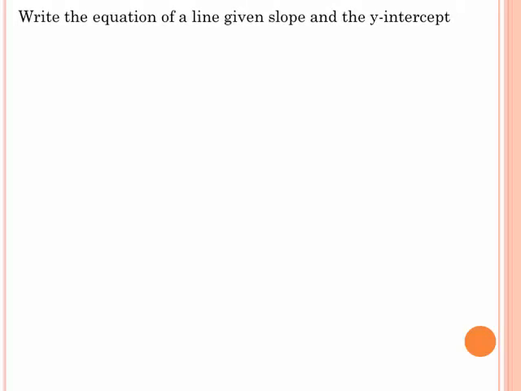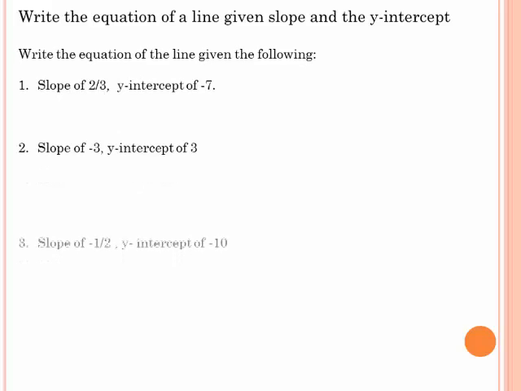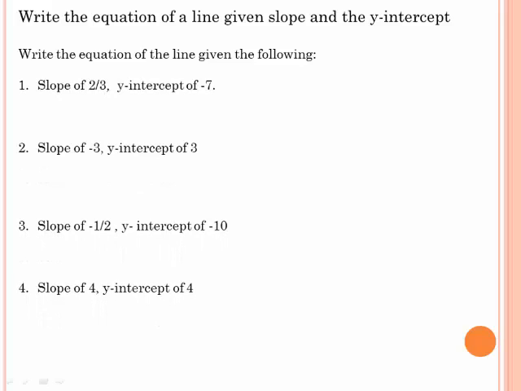Now that we know how to graph a line, we can write the equation of a line if we're given the slope and the y-intercept. So we will write the equation of the line with the following sets of information. Okay, remember that the format is y equals mx plus b, and m is our slope, and b is our y-intercept.